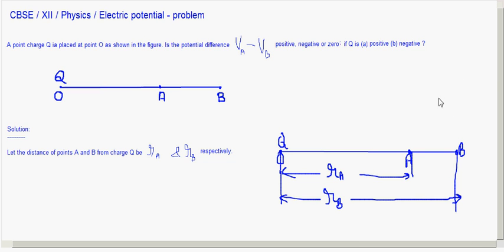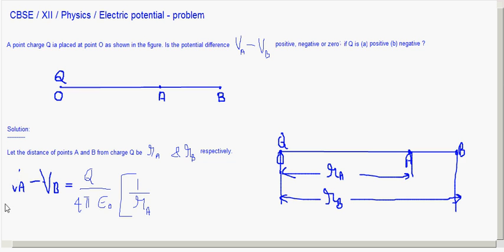Now what is VA minus VB? We can use the equation for potential due to a point charge that we have learnt.